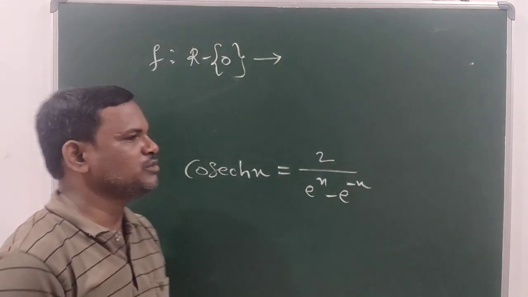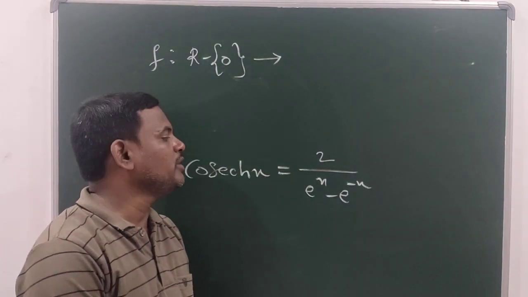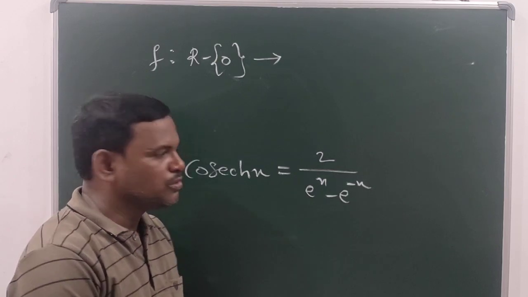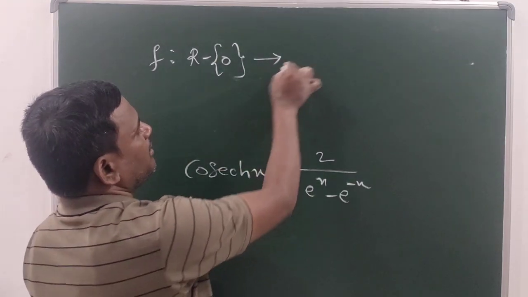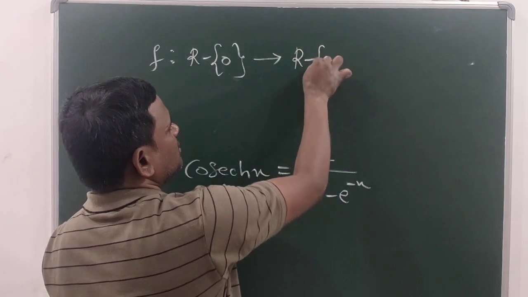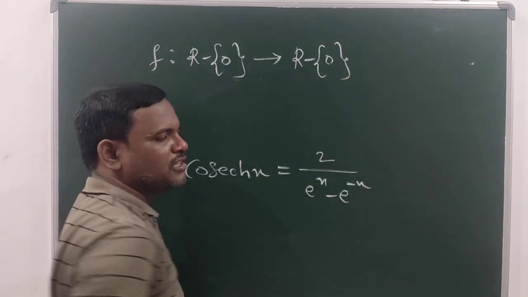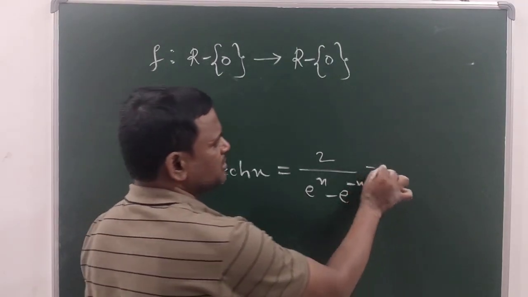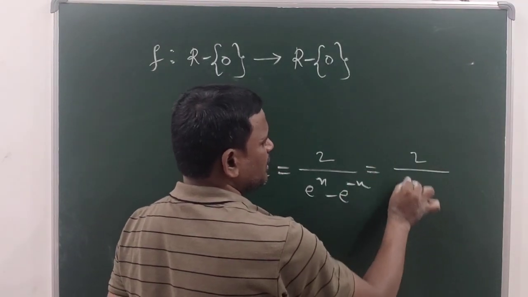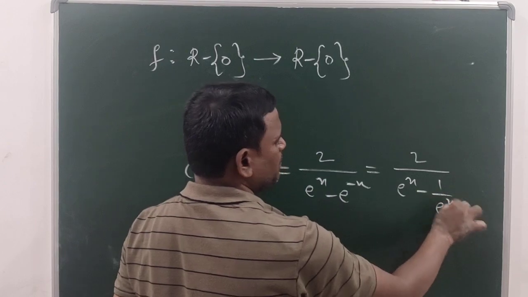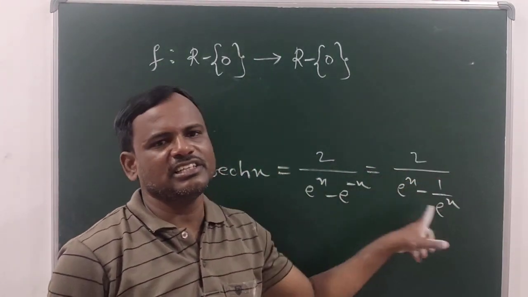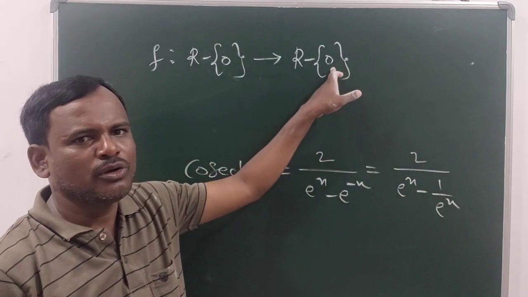Is there any chance to get 0 in the range? No chances. So the range of this cosech x also will be R minus 0. See, students, here 2 by e power x, it can be written as 1 by e power x. No chances to get this range as 0. So I removed 0.